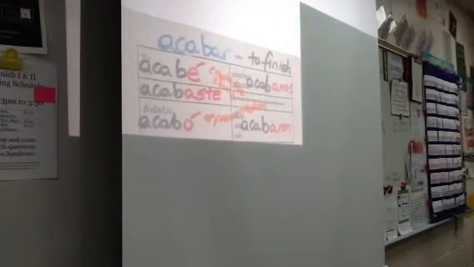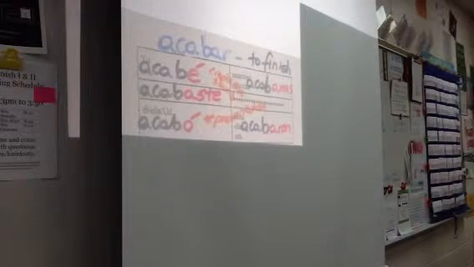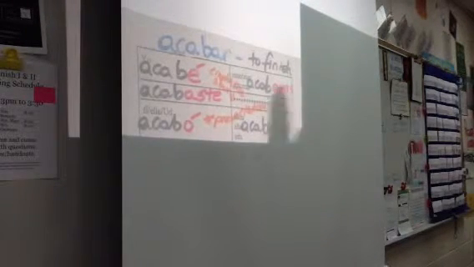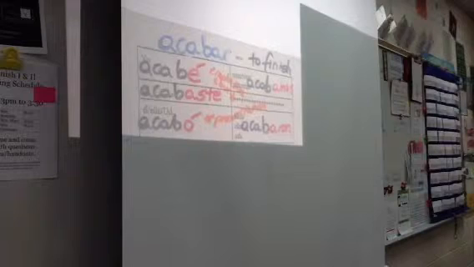Okay. Acabar, we just did acabar in the present tense, acabar in the preterite. The regular verb, what changes? Your endings now say that I finished, you finished, he finished. Okay. Listen to the difference. Acabo, that means I finish, versus acabó. That means he finished. Did everybody hear the slight difference in pronunciation? Acabo, acabó.